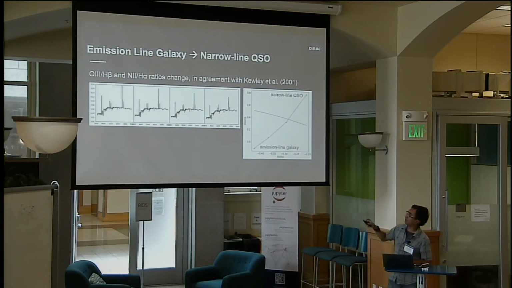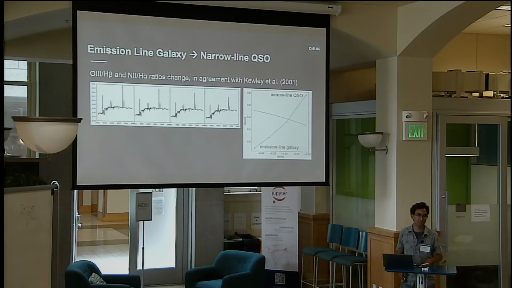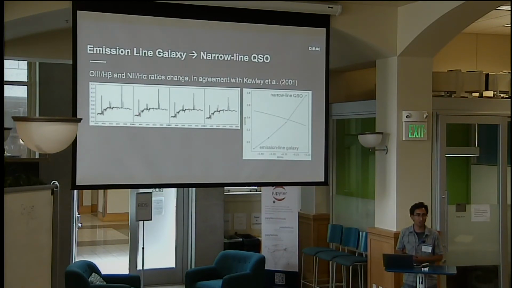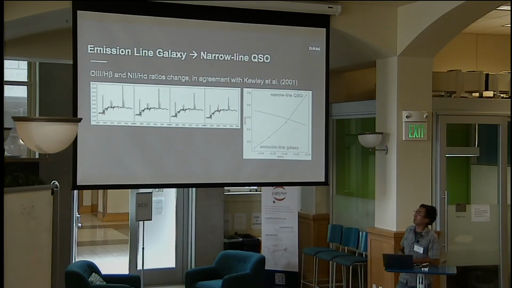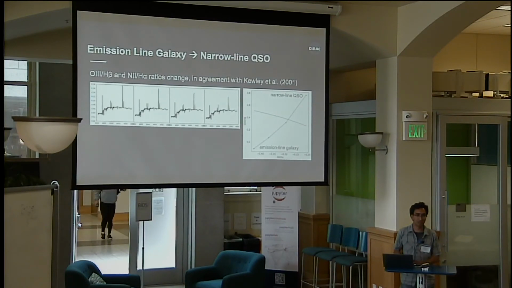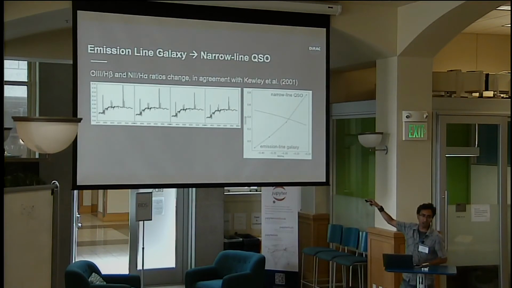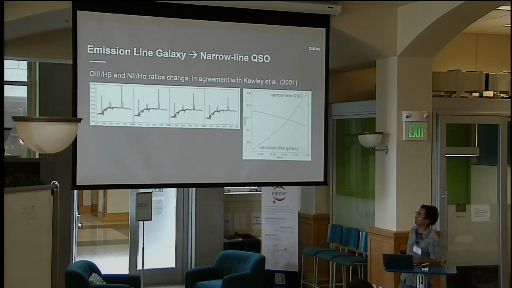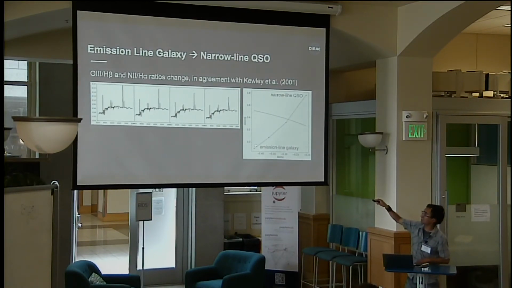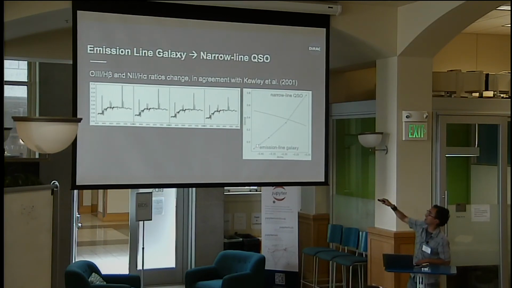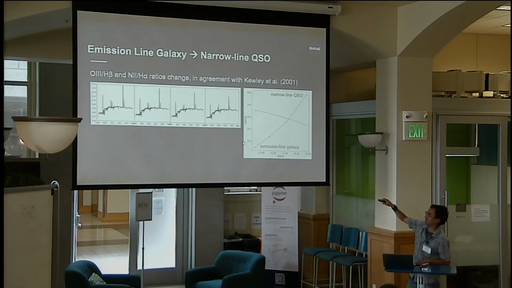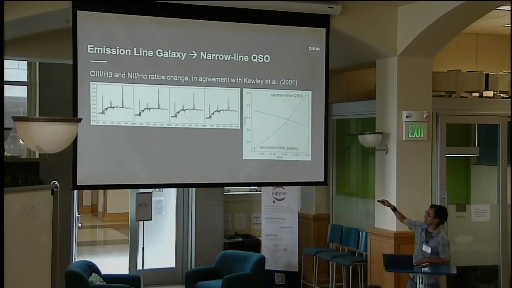And so here are these 2 line ratios that have been used to classify emission line galaxies versus quasars. Not only can you plot a series of the autoencoder's synthetic spectra, you can also do these diagnostics on them and see how the autoencoder gives you spectra that start out in the emission line galaxy part of this diagnostic space, cross the diagnostic line, and then give you a narrow line quasar at the end.